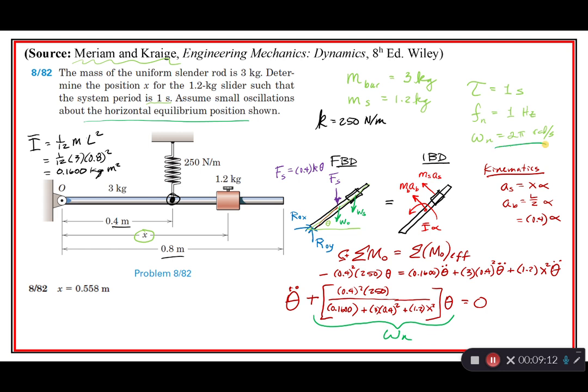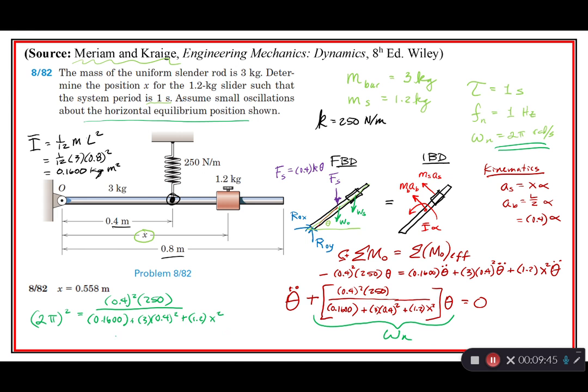Yes, we know that it equals 2 pi. So if we want that to equal 2 pi, we say 2 pi squared is equal to 0.4 squared 250 divided by, I don't know why I didn't, I guess I just decided not to, plus 3 times 0.4 squared plus 1.2 x squared.